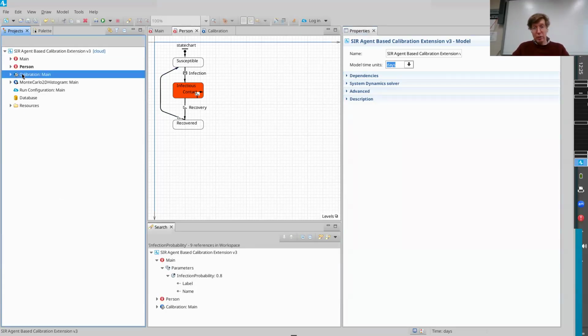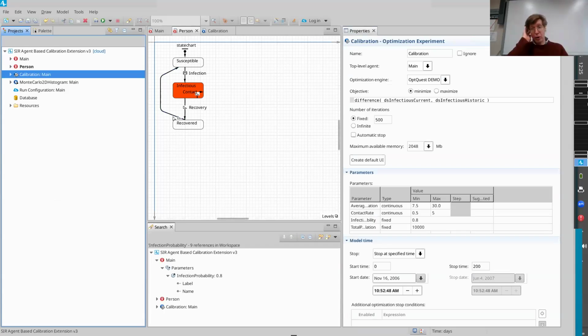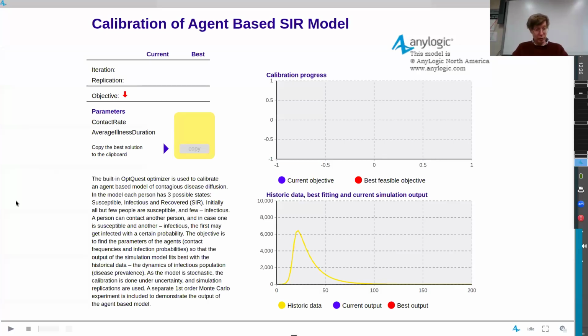So what I've done is modify the structure of the model, right? But as I've remarked many times, structure determines behavior. This structure will induce behavior over time in the model. So let's attempt to run this calibration with this new structure.